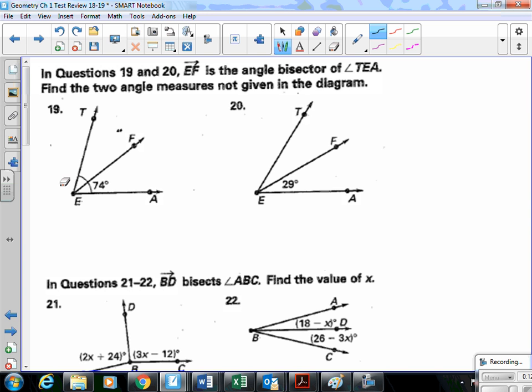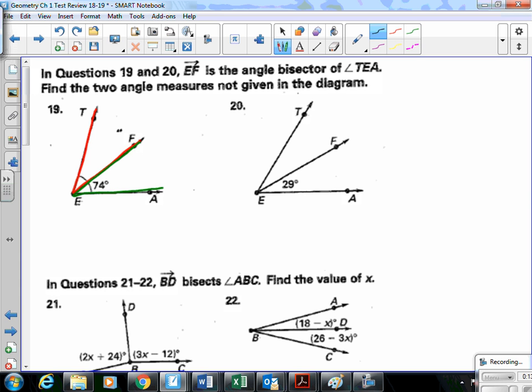Number 19, we've got the arc here, which tells us the 74 degrees is representative of the entire angle TEA, not just this part of FEA. So we've got the measure of the whole angle. So the two angles we've got to figure out are TEF and FEA.